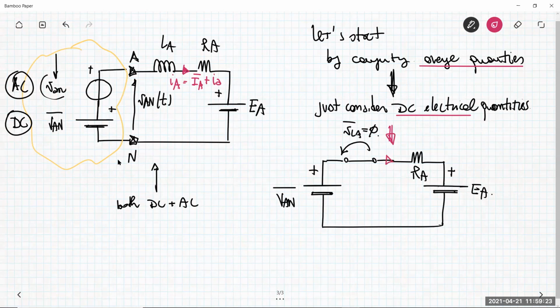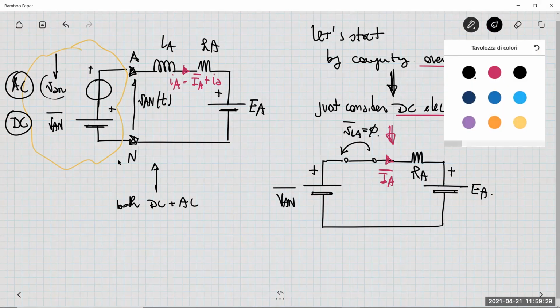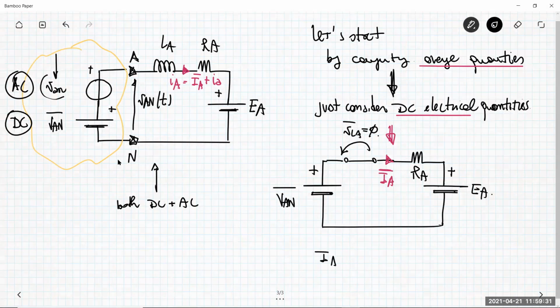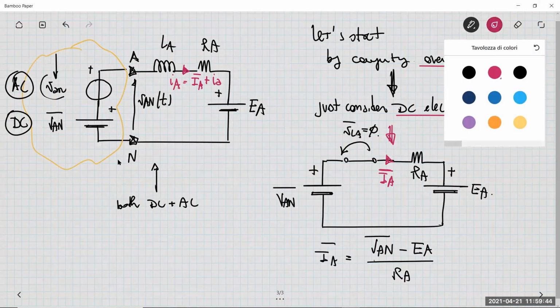So here in this circuit, I have just the average value, and the average value of the current IA is VAN minus back EMF divided by RA.